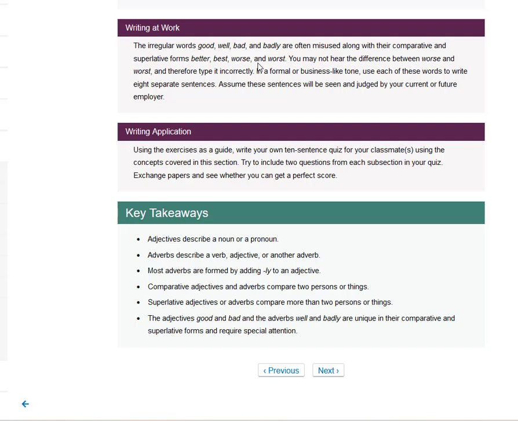Our whole team did bad in getting profits for the quarter. And then your boss is going to look at you and think, you mean you did badly, don't you? You know, he'll think it, but he won't say it. And he'll think that you need to go back to elementary school to learn better English, okay? So you don't want to have that kind of impression from the boss. So you need to know the proper usage of good, well, bad, and badly.